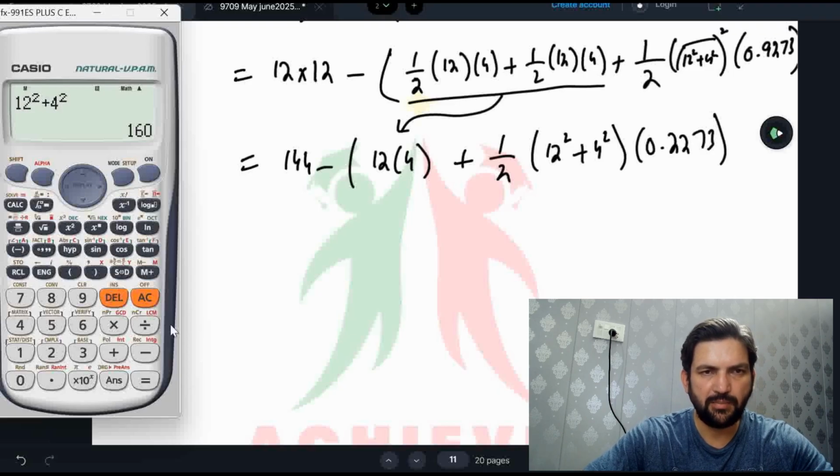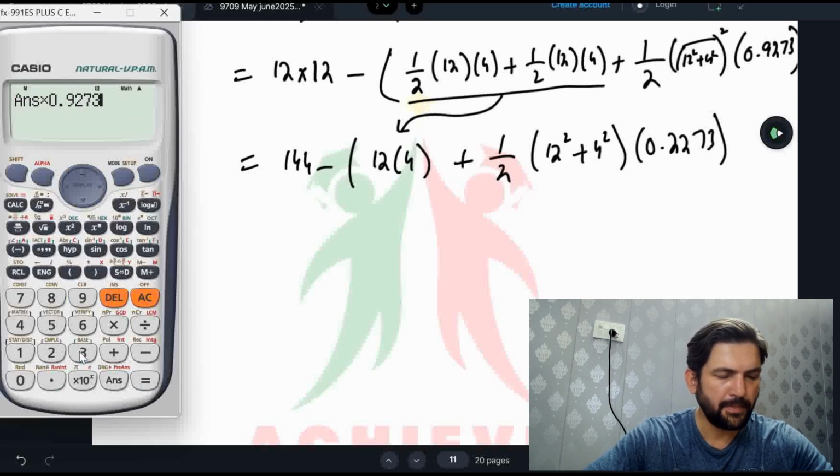Multiply by 0.9273, divided by 2, plus 12 into 4, multiplied by minus 1 because we want to subtract it, plus 144.